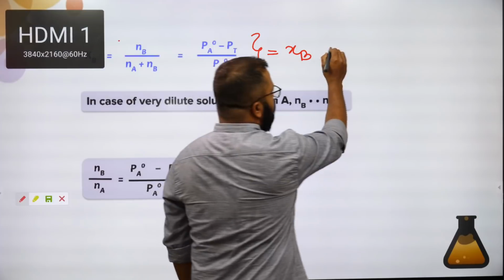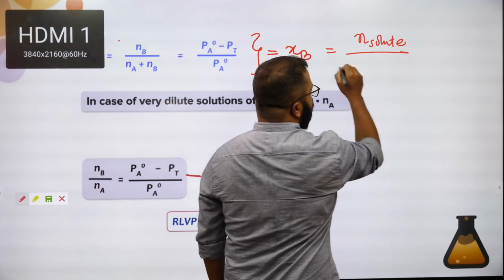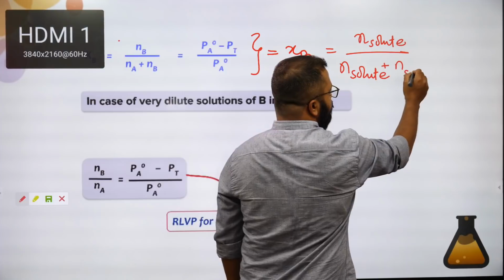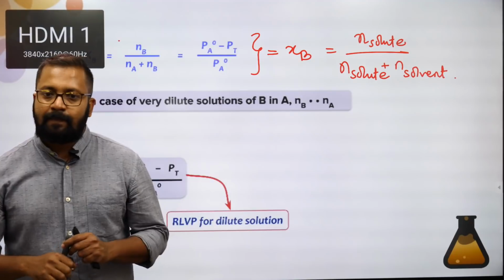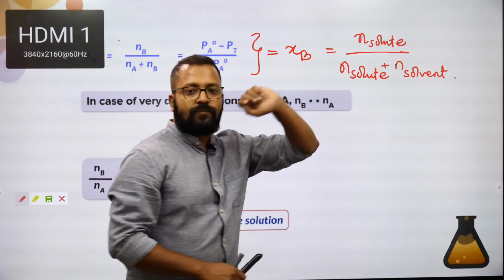Mole fraction of solute is nothing but number of moles of solute by number of moles of solute plus number of moles of solvent. Number of moles of solute by number of moles of solute plus number of moles of solvent.